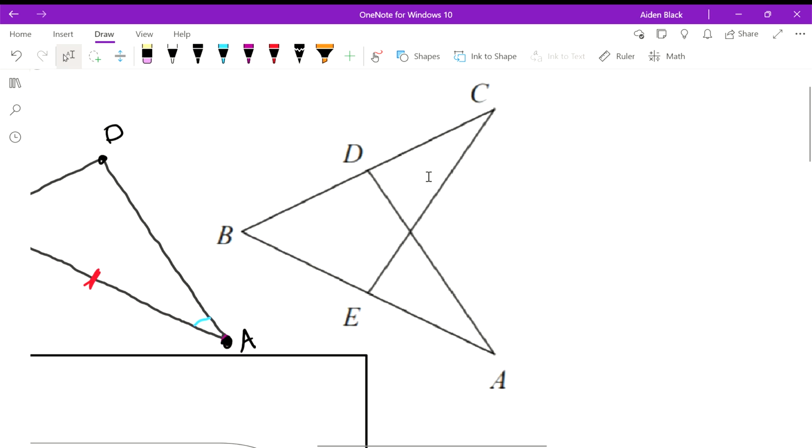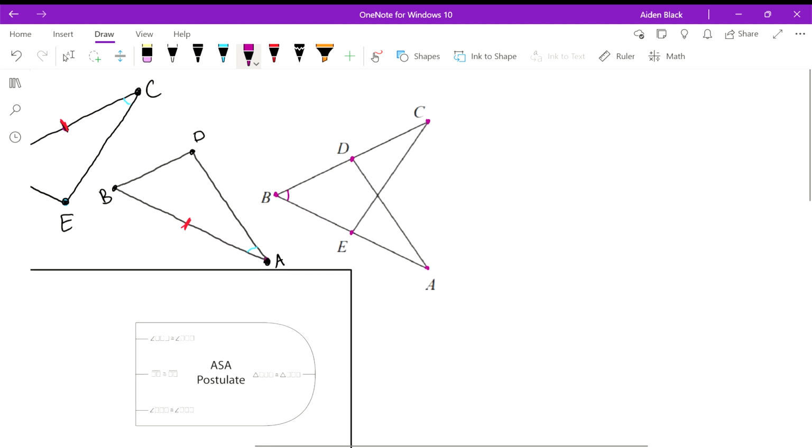So looking at this picture, we should be able to see, oh, angle B is the same for both. Right? It's the same exact angle. And that's because CBE is the same angle as ABD.